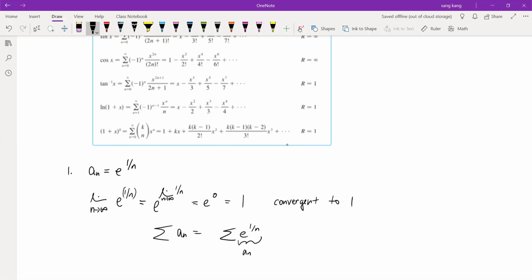And if you really stop and think about it, it makes sense, because if we're saying that our sequence e to the 1 over n converges to 1, that's saying this is a sub 1 plus a sub 2, a sub 3, and then when we take it out to some large value of n, this is almost equal to 1 plus something that's almost equal to 1 plus something that's almost equal to 1.